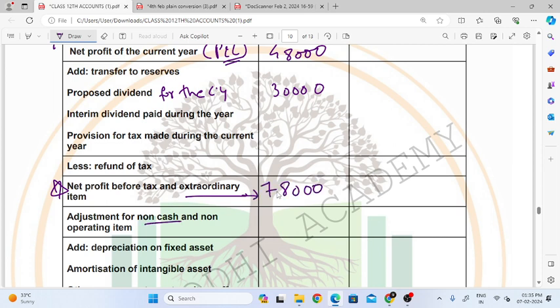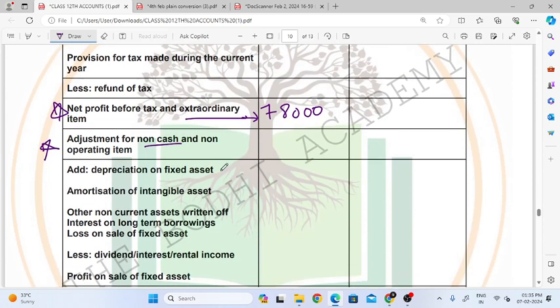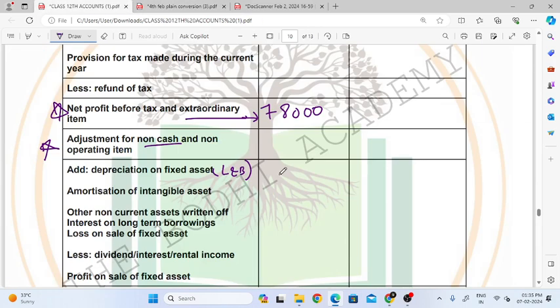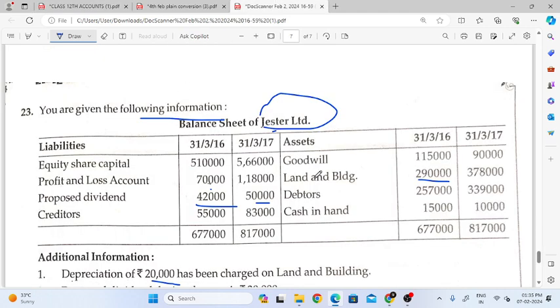Then adjustment for non-cash and non-operating items is very important. Depreciation on fixed assets, depreciation on land and building, which is of how much? Here we got 20,000. Then we have to check whether any amortization of intangible assets is there or not.